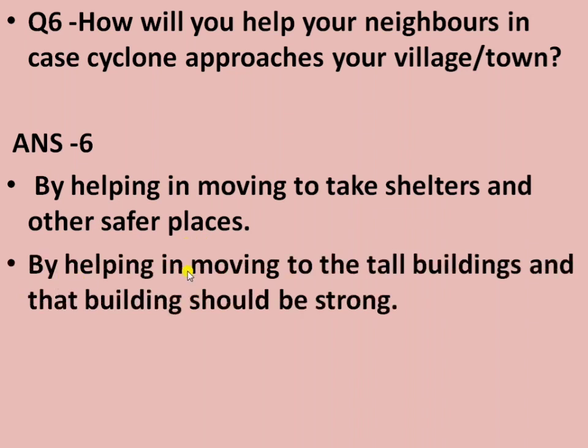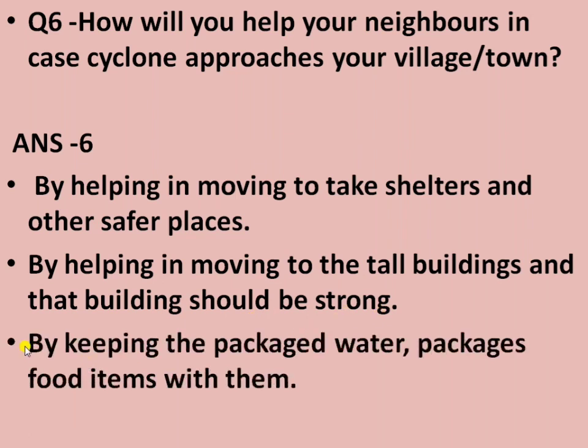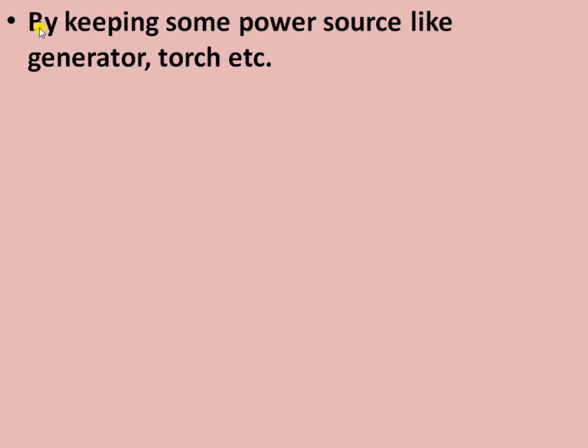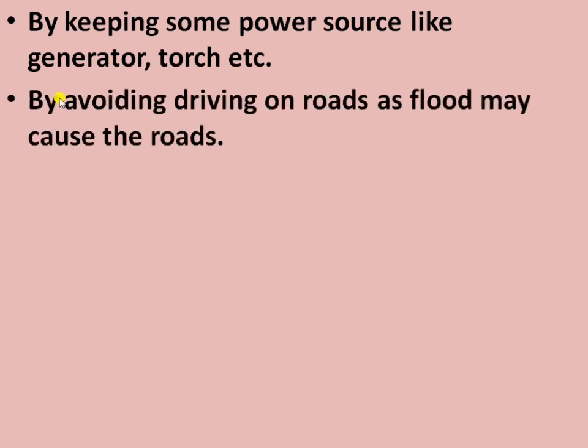Second is by helping them move to a tall building, and that building should be strong. Third one is by keeping packaged water and packaged food items with them. Fourth one is by keeping some power source like a generator, torch and batteries, etc. Next is by avoiding driving on roads, as flooding may affect the roads.